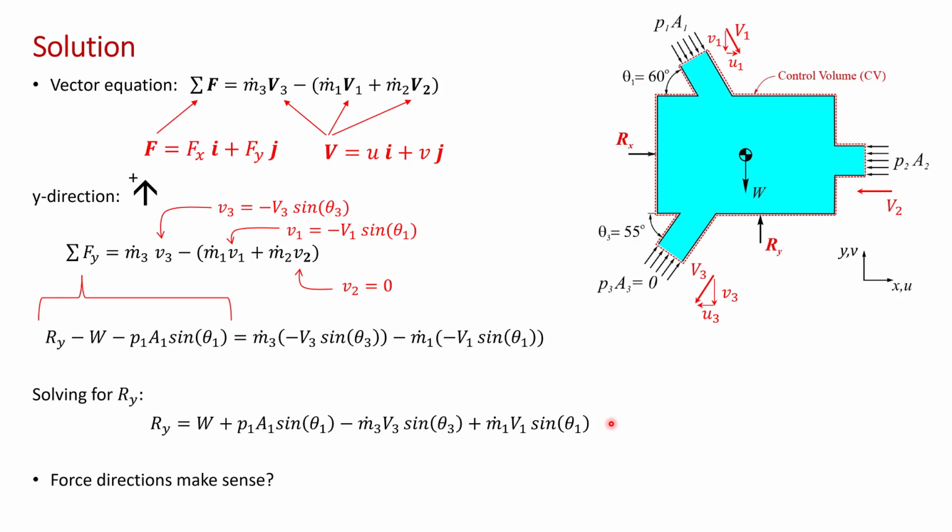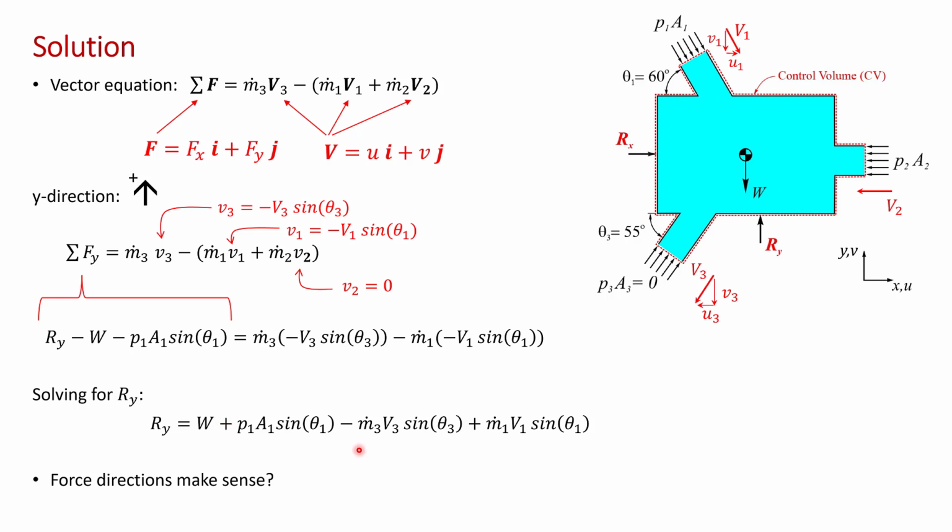Again, we want to check that the force directions make sense before we substitute values. So Ry is in the positive y direction. You could imagine if this box got heavier, it would increase Ry, so it makes sense that that's positive. Similarly, if the pressure here increased, it would increase Ry, so that positive sign makes sense.